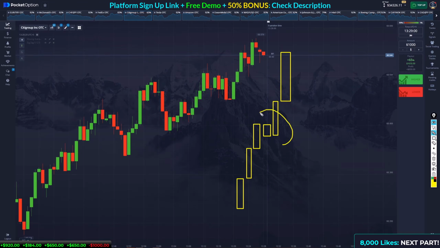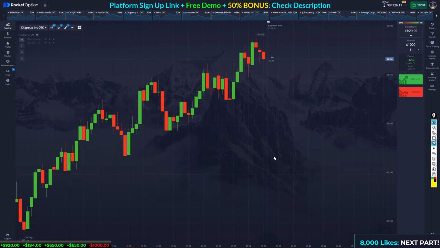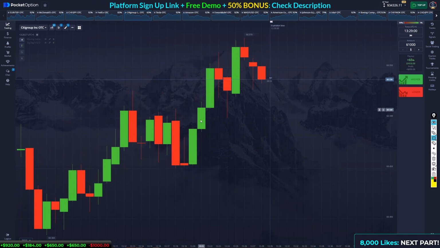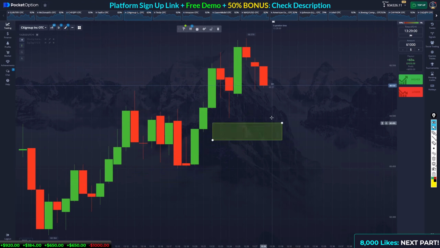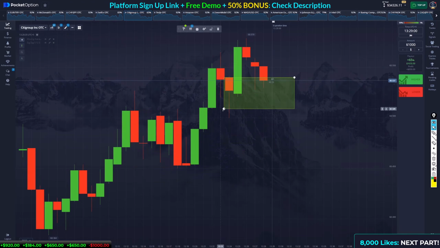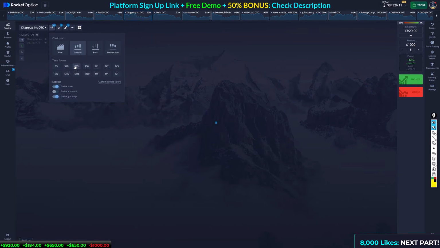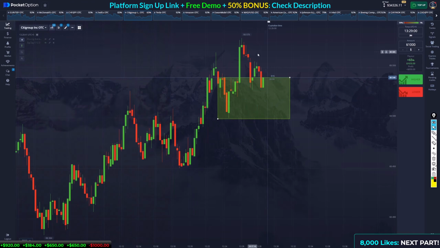So this area right here has something inside of it, right? If I mark up this ABC and try to show you something, go to lower time frame, step by step, boom.